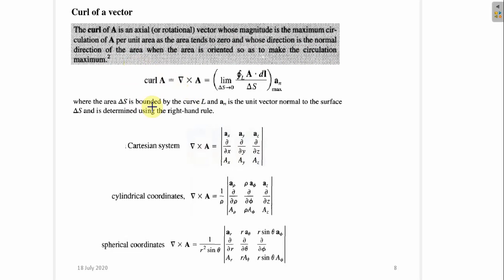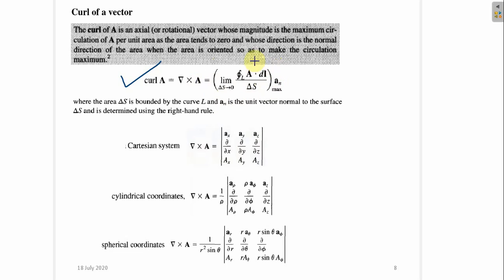Mathematically, we can represent the curl of a vector field as curl A equal to del cross A. So to obtain the curl of a vector, the del operator should have the cross product with that vector.